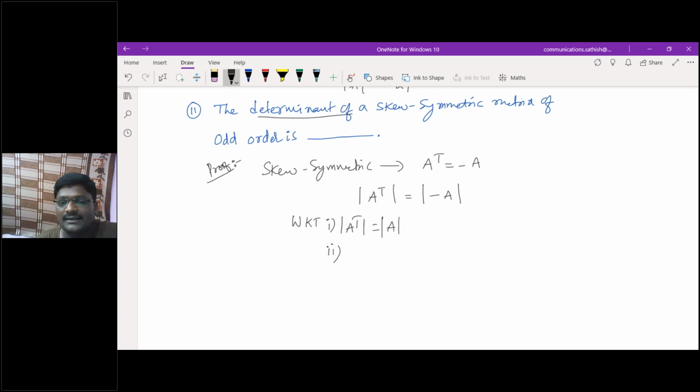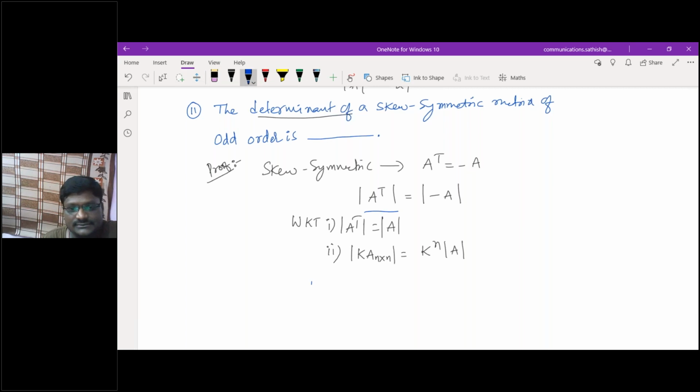And similarly, mod of K into A, if A is n by n, is K power n into mod A only or not? Yes or no? Now you apply these two things on this one.